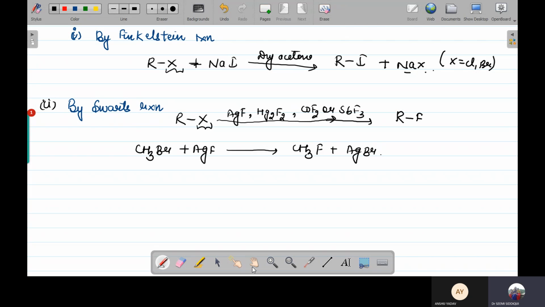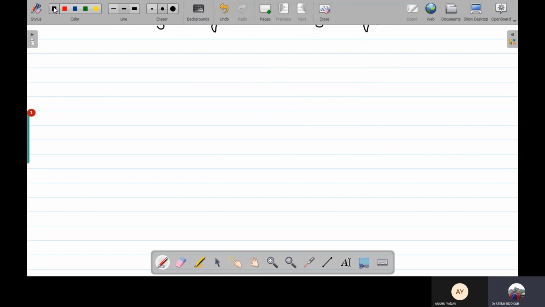Now, the next important topic in this unit is the chemical properties. When we talk about the chemical properties, we are going to cover three things. What are those three things? The first thing is nucleophilic substitution reactions.